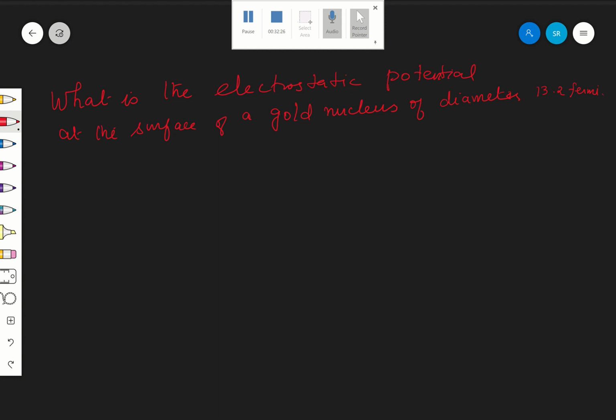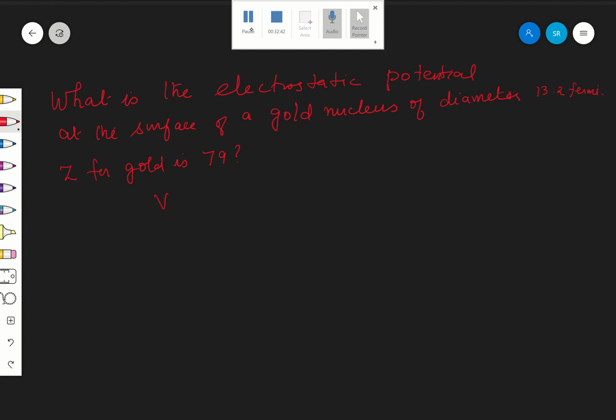And Z, the atomic number for gold, is 79. I think you are very much aware of this. Rutherford nucleus, chemistry, you would have studied already in 11th standard, right?